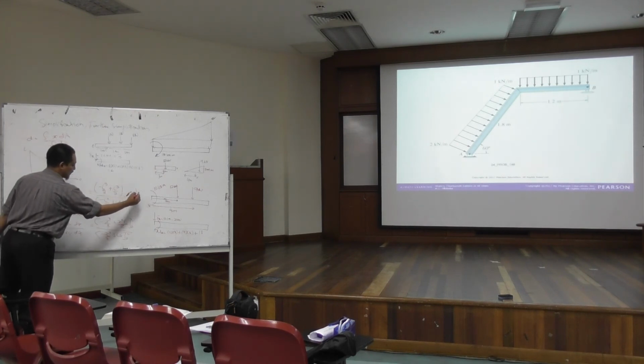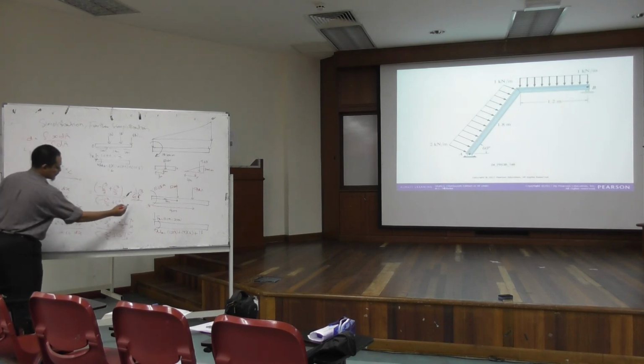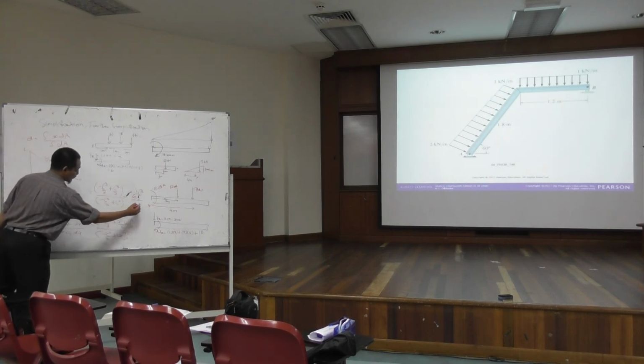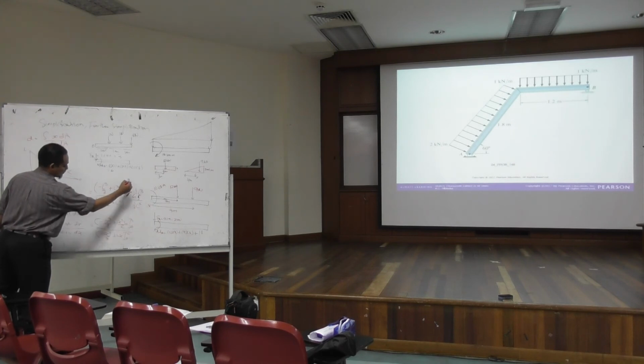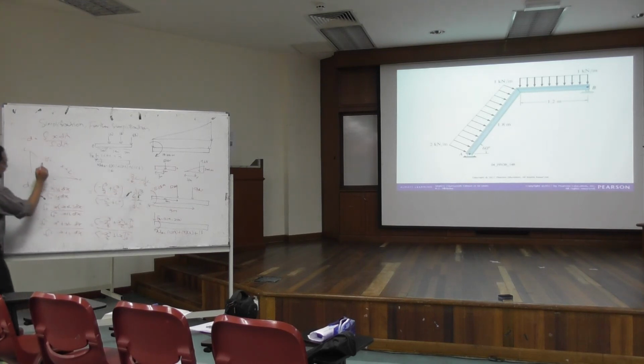1 over 6 L cube over 1 over 2 L square. Then you get 2 over 6 L, or 1 over 3 L. So that's why it is 1/3 here and 2/3 there. So it will be just the ratio.